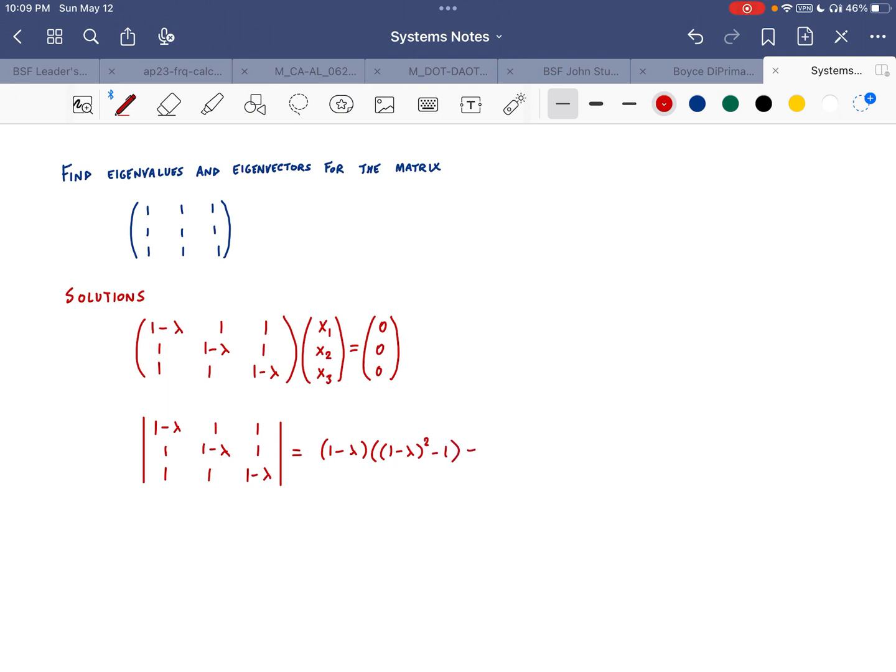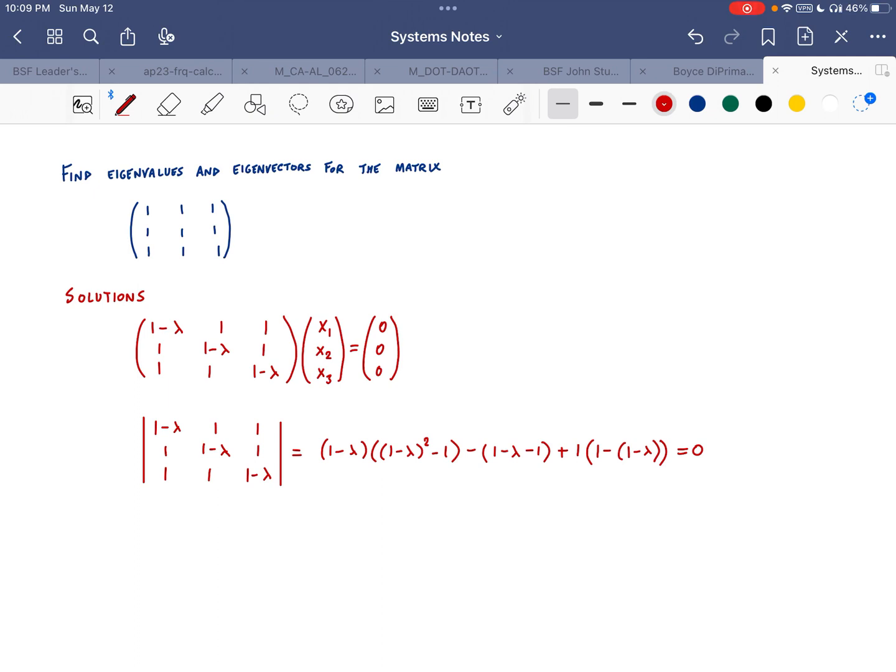And now minus this times the determinant of that, so that's 1 minus lambda minus 1, plus this times the determinant of that. So that'll be 1 times 1 minus (1 minus lambda). And we're going to set all that equal to 0.